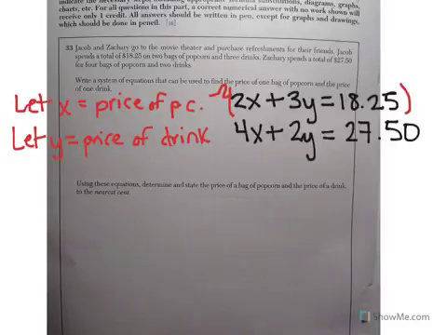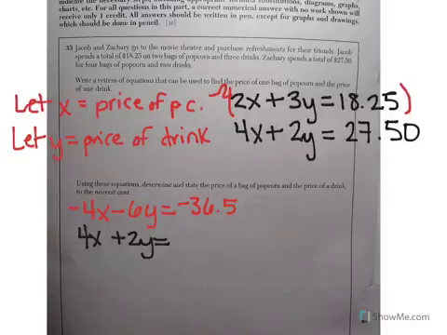The reason I'm going to do that is so that my x's will cancel and I'm just left with finding y. So when I multiply the top equation by -2, I will end up with -4x minus 6y equals -3650.5. The bottom equation does not change, so 4x plus 2y equals 2750.